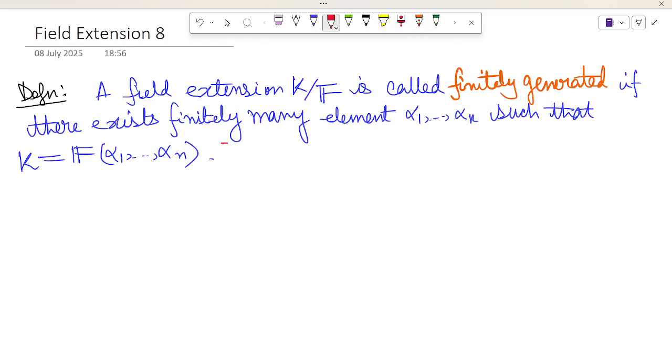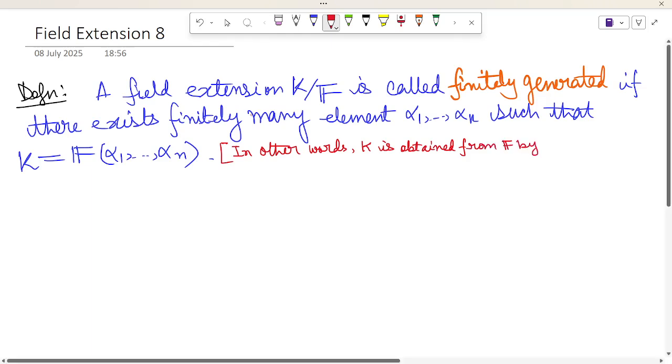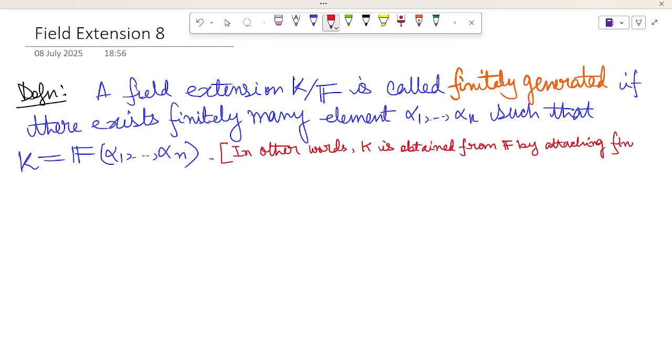In other words, K is obtained from F by attaching a finite number of elements. Those elements must belong to K. They are all elements of K.